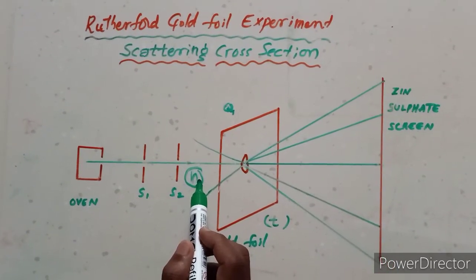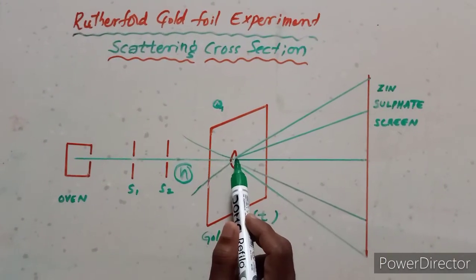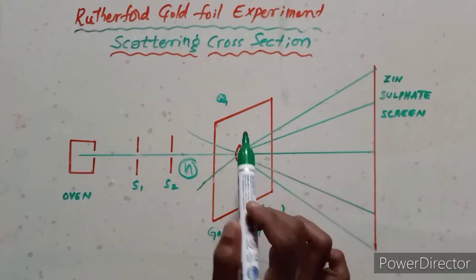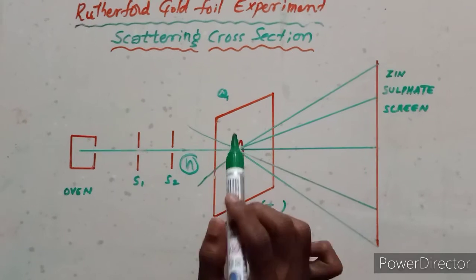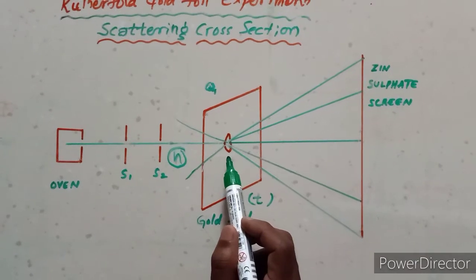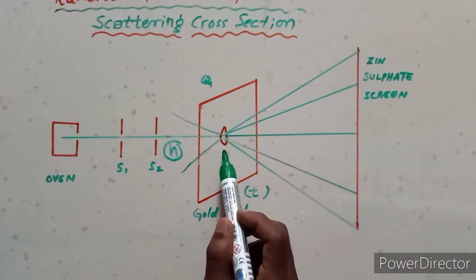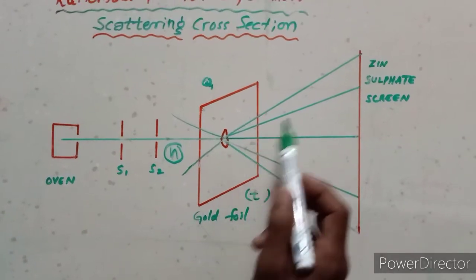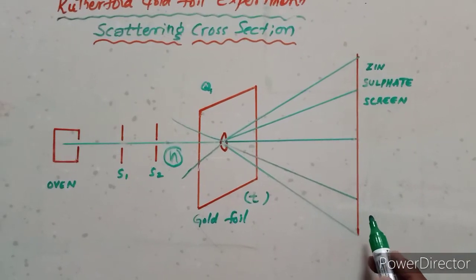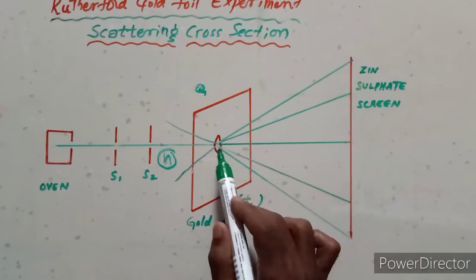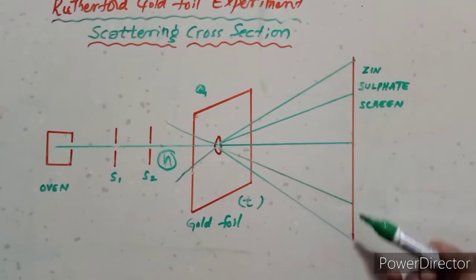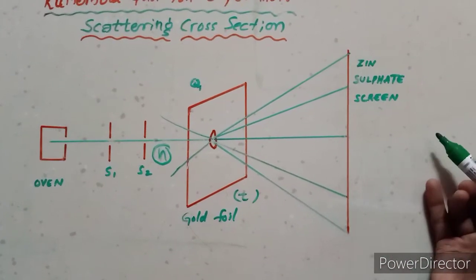These n alpha particles are incident on the gold foil whose thickness is small t and cross sectional area is Q. After incidence, some alpha particles are scattered towards the zinc sulfide screen. This is the shape of a cone. This diagram is in two dimensions. We clearly observe at this point.